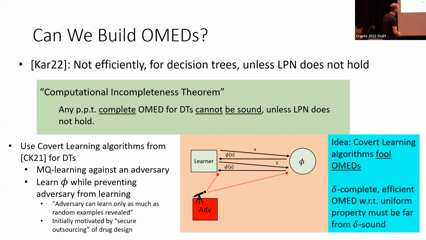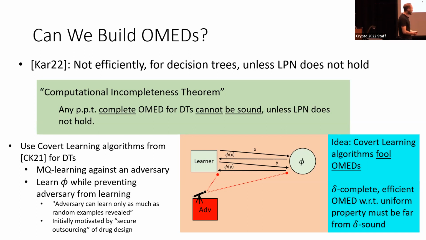And so the idea here is that the covert learning algorithms basically fool the OMEDs. This is seen concretely in the case that you have some complete OMED, then it must have very bad soundness parameters. That's because the covert learning algorithm can essentially extract the model using a query distribution which has the adversarial property, but is computationally indistinguishable from distributions that have the honesty property.